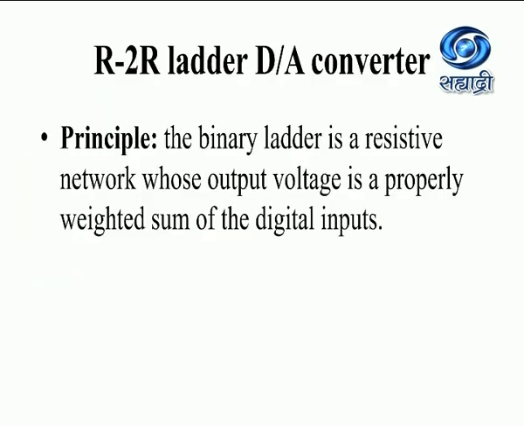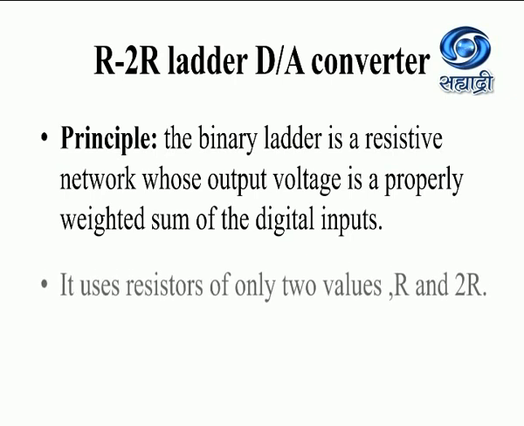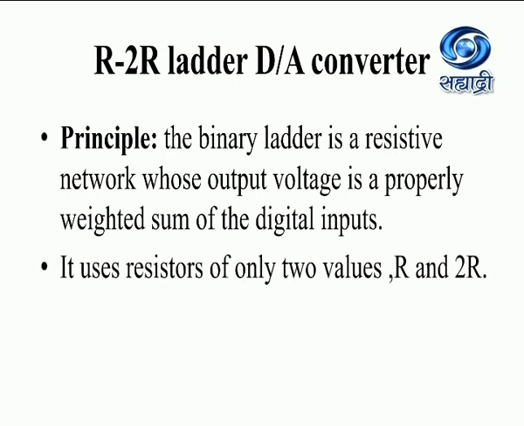The second type of DAC is the R2R ladder DAC. The drawbacks of the binary weighted resistor DAC are overcome with this type of R2R ladder DAC. So let's see the principle. The binary ladder is a resistive network whose output voltage is a properly weighted sum of the digital inputs.